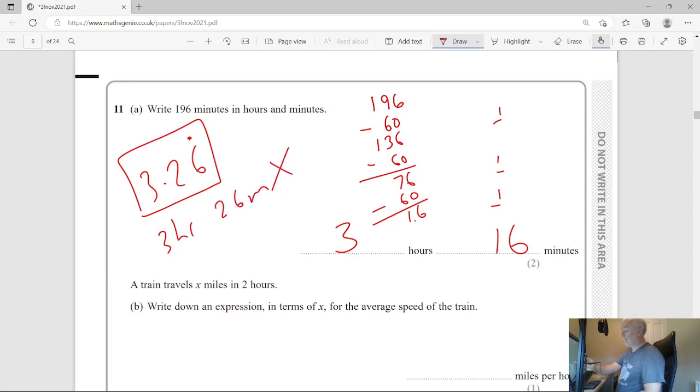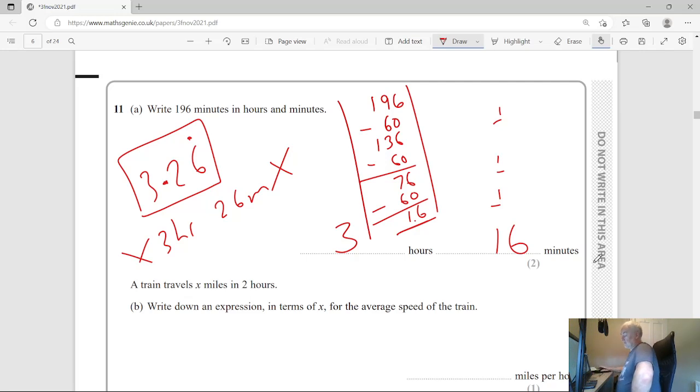That would be wrong. I've only got 16 minutes left, but 16 minutes is 0.26 of an hour. So that's the mistake they want you to make by using a calculator on this one. Anytime you're in hours and minutes, it may be worth manually doing it like I've just shown there.